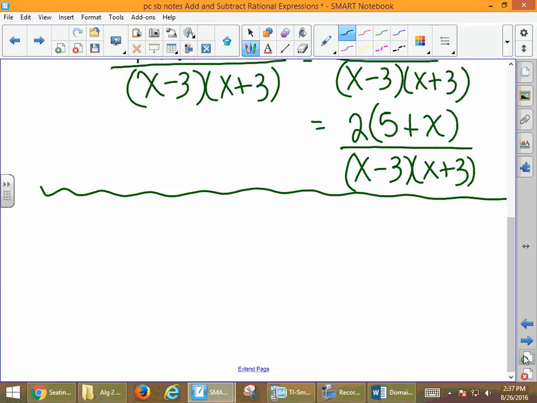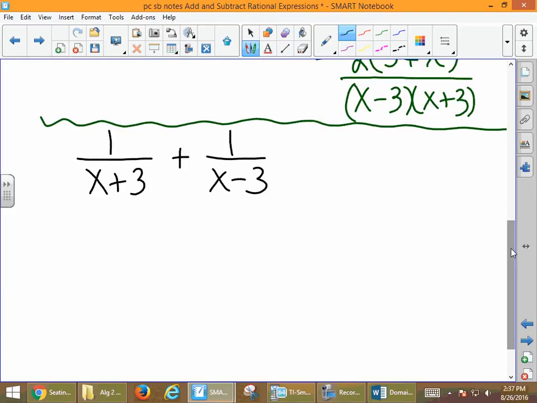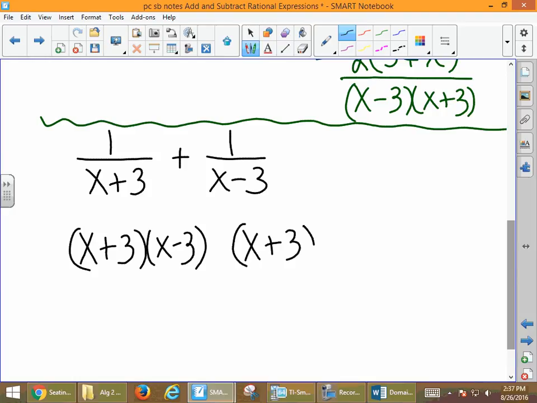So we have 1 divided by x plus 3 plus 1 divided by x minus 3. And when we multiply these two together, we'll have the common denominator x plus 3 times x minus 3. That's the only thing we can do for the common denominator.